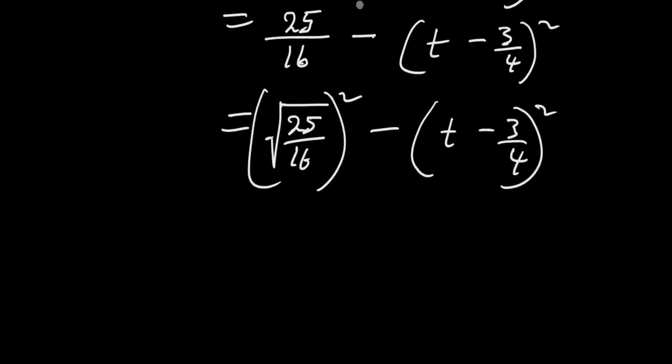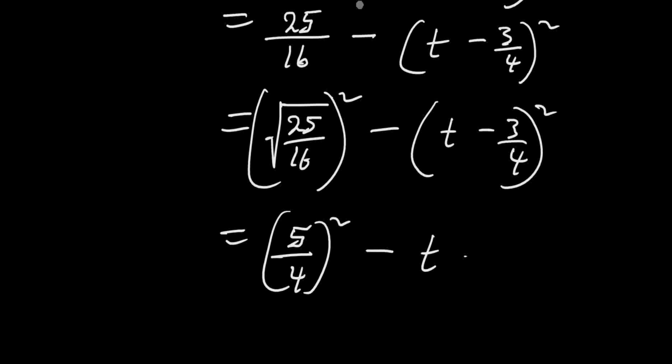The square root of 25 is 5, so this becomes 5 over 4 squared minus t minus 3 over 4 squared.